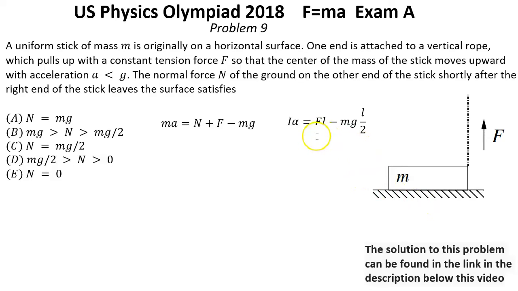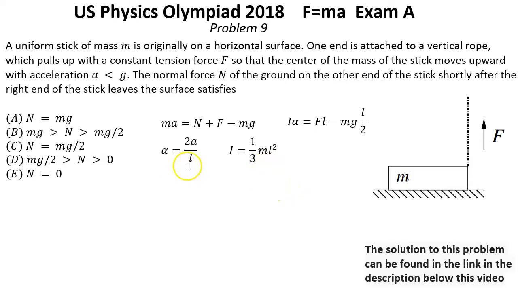And that must be equal to I alpha, where I is the moment of inertia and alpha is angular acceleration. Now let's write the relation between alpha and a. Obviously alpha equals 2a over L, and also the moment of inertia for this stick equals 1/3 mL squared.